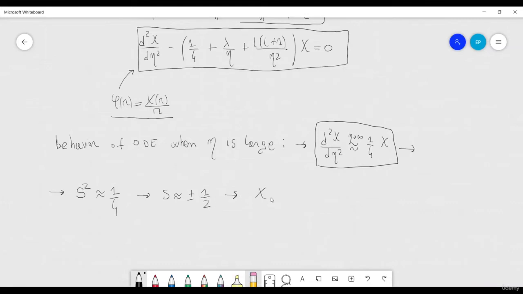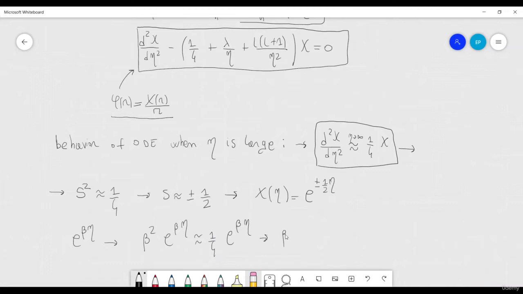And the solution, chi of eta, will be of this kind. It will be either e to the minus or e to the plus 1 over 2 times eta. And it's easy to check this solution satisfies that equation there. Or maybe you could have searched for a solution like this: e to the beta times eta, and then if you substitute it in the ordinary differential equation, you can find that beta squared times e to the beta times eta should be approximately equal to 1 over 4 times e to the beta times eta.